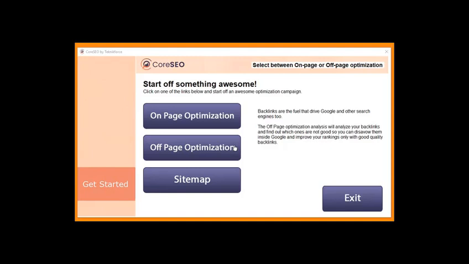The bad neighborhoods, the bad websites are dragging your rankings down. So you need to tell Google that these are not the backlinks that you have built, or you need to disavow them. At the same time, you want to get more backlinks from websites that are of higher quality. So this will tell you exactly which backlinks are good, which backlinks are bad, which domains are good, which domains are bad, and that's something pretty unique.